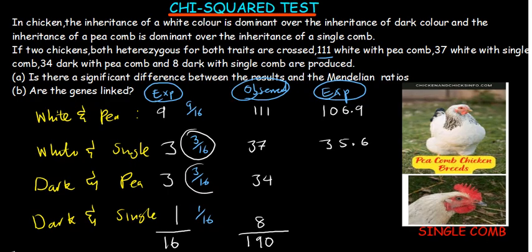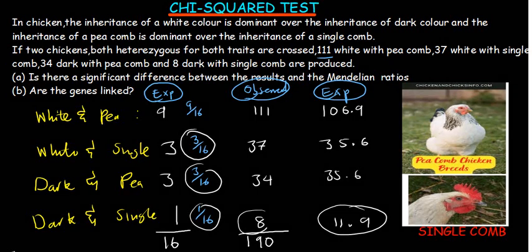Again, we expect 3 out of 16, that is also 35.6. And then we expect 1 out of 16 here. Now 1 out of 16 times 190 is just 11.9. So these are the numbers which are expected, but these are the ones which are observed.